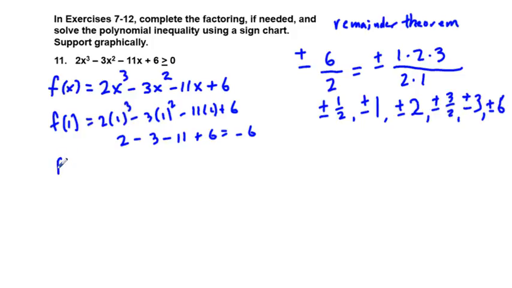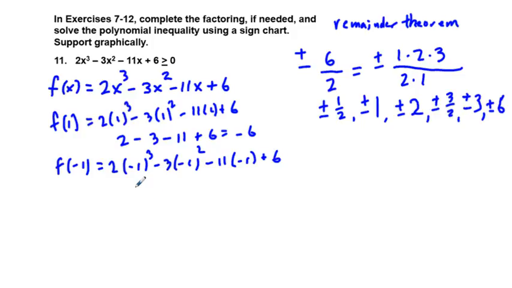We can try f of negative 1, and same type of process here. We're going to have 2 times negative 1 cubed minus 3 times negative 1 squared minus 11 times negative 1 plus 6.